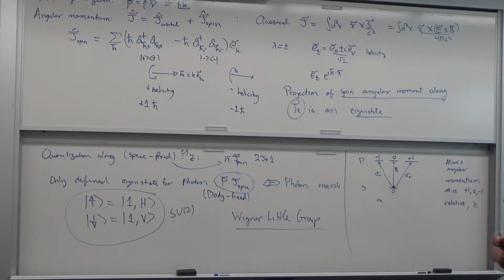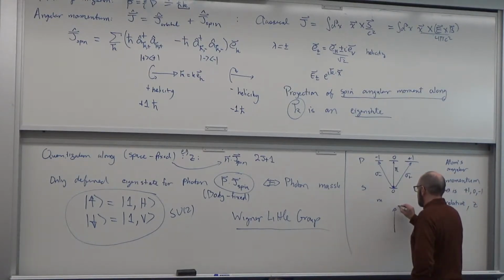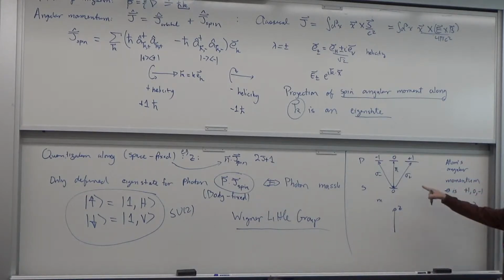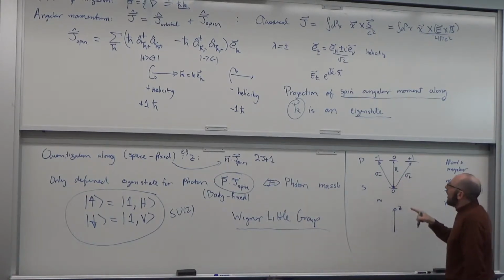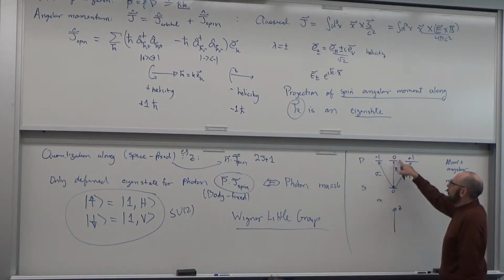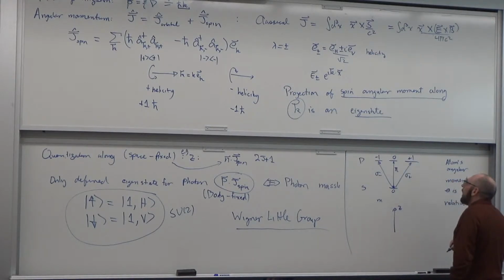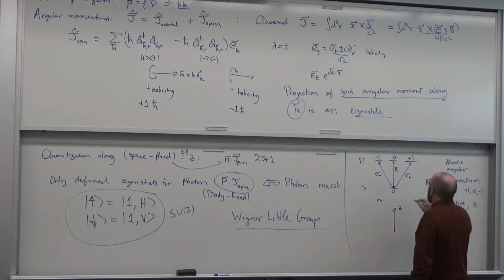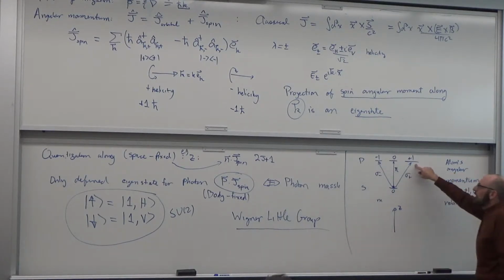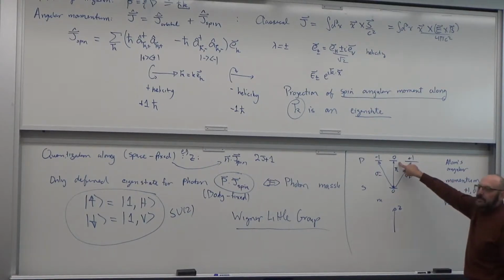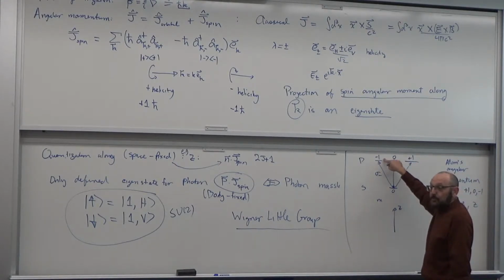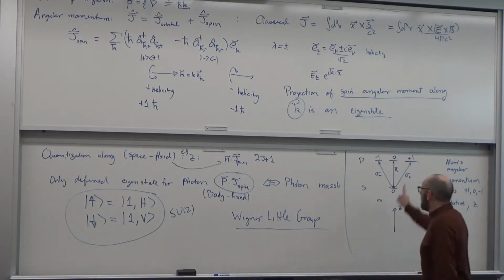Well, what it means is if I have some axis I'm calling the z-axis, and the atom is in one of these states, then this state has +1 of h bar angular momentum along this axis, this has no angular momentum along this axis, this has -1 h bar of angular momentum along this axis.